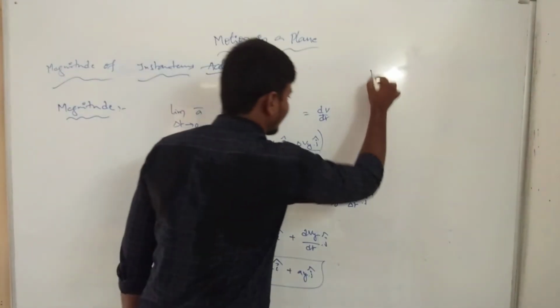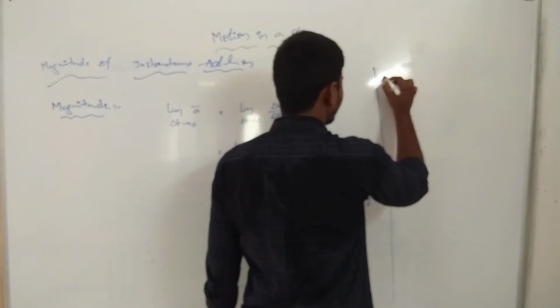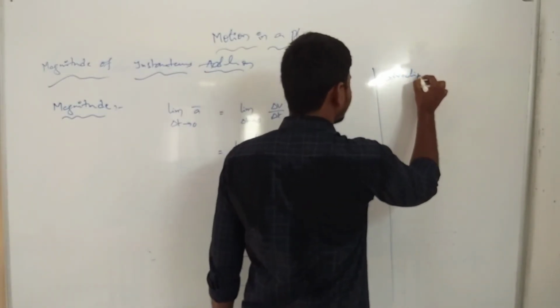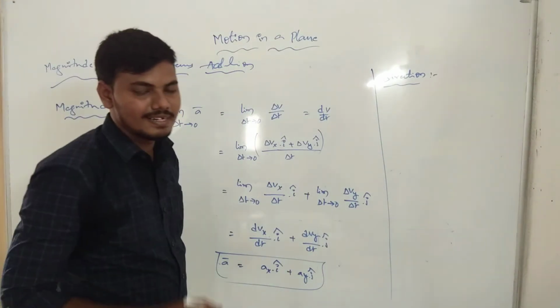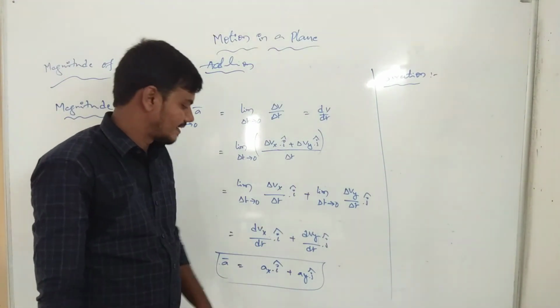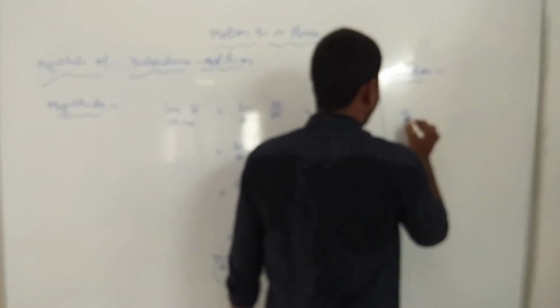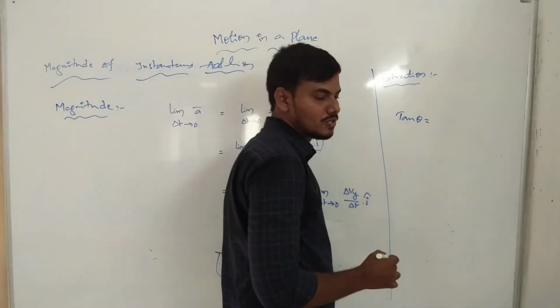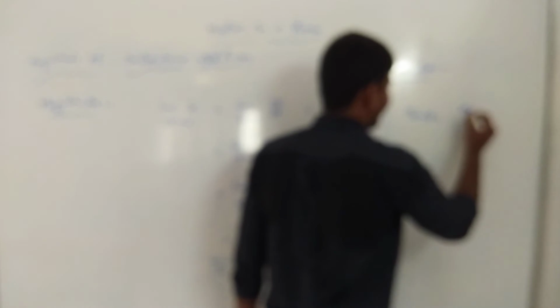Now what is the direction? We take the secondary to the primary one. The secondary we take as the ay by ax representation. Now tan theta equals ay by ax.